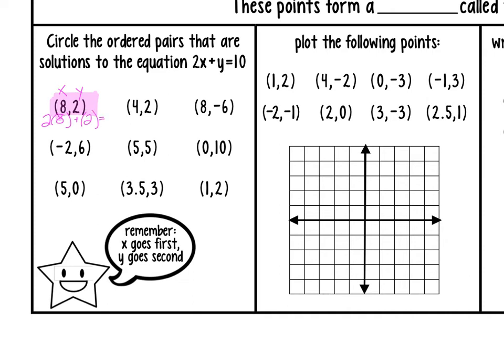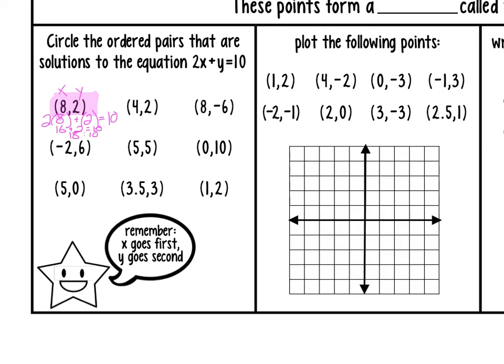This is just like we did way back in Unit 1 with evaluating, where your variables are assigned a specific value and you substitute that in and simplify. So 2 times 8 is 16, plus 2 is 18. So then we bring down the rest, equals 10.